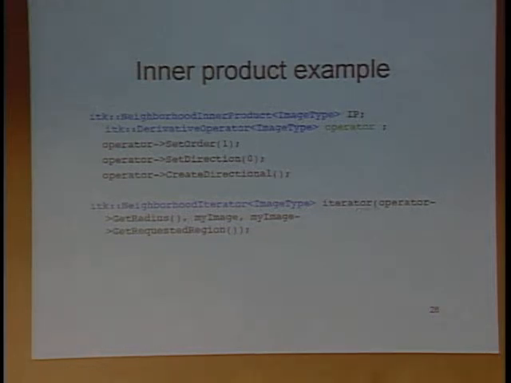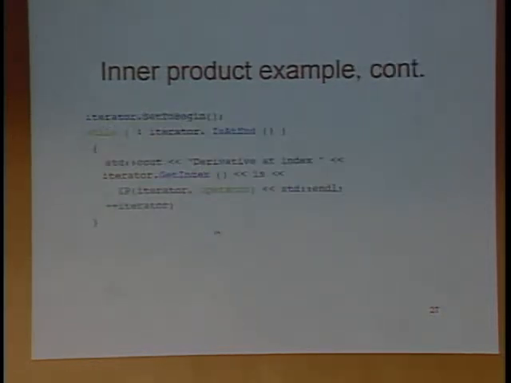And then create an iterator by specifying the radius, the image, and the image region. Then move the iterator to the beginning. This is why I said this is pseudocode, because it should be go to begin, not set to begin. And then let the iterator go through the image, and at every position calculate the inner product.